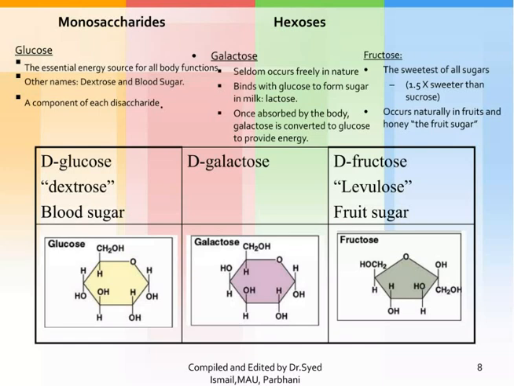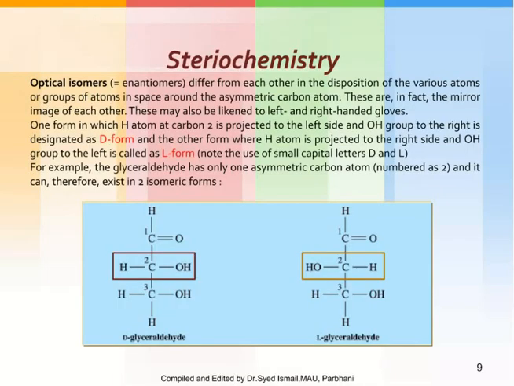Where is the difference between glucose and galactose? This is a very important point. So you will find the positions, you can see here this and this. Then you will understand the difference between glucose and galactose. Now stereochemistry.